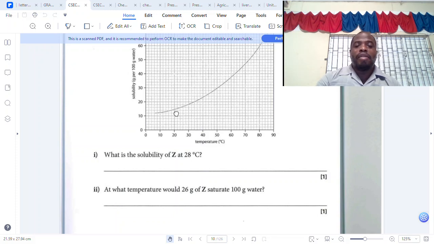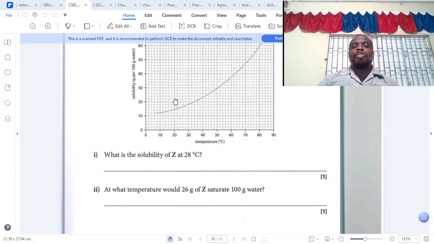It would have been right here, to be exact, about 12, 14 grams. So if it has 20, it means it has more than it would have been saturated.